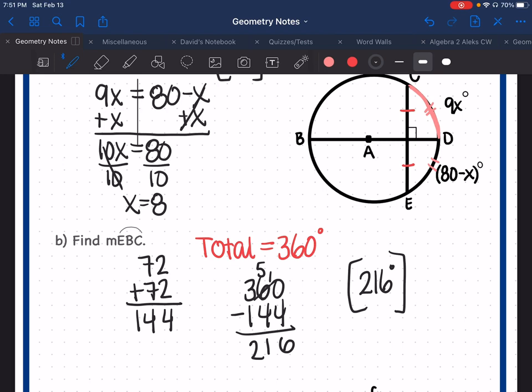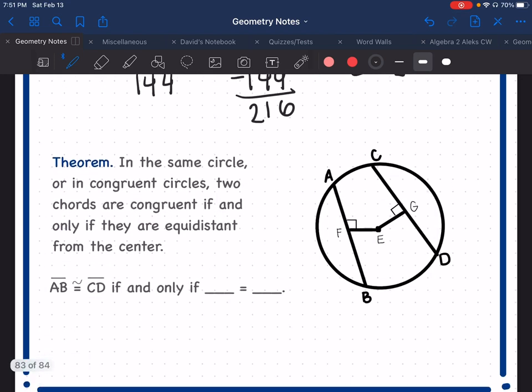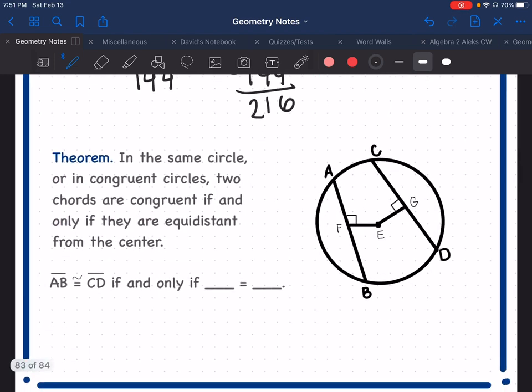All right, our final theorem for today says that in the same circle or in congruent circles, two chords are congruent if and only if they are equidistant, the same distance from the center, equally away from the center.